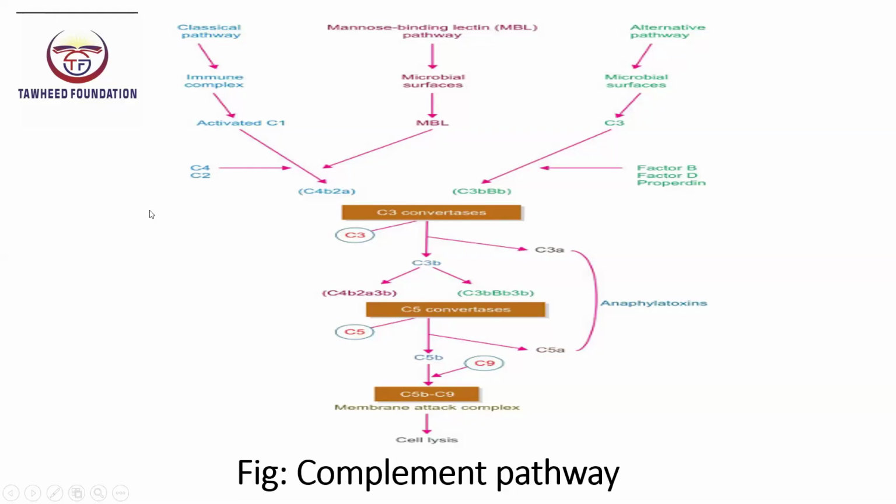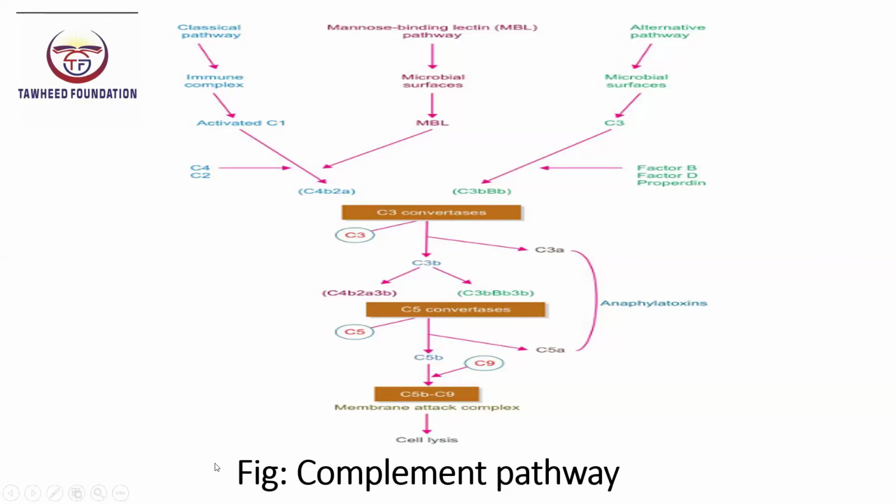Each pathway leads to the formation of C3 convertase, which splits C3 protein. The resulting C3b tags pathogens, while C5 convertase and C5b lead to cell-killing membrane attack complex formation. Complement fragments also attract immune cells and boost inflammation, helping to clear infection faster.